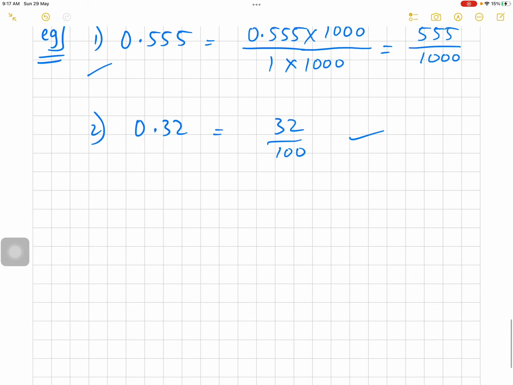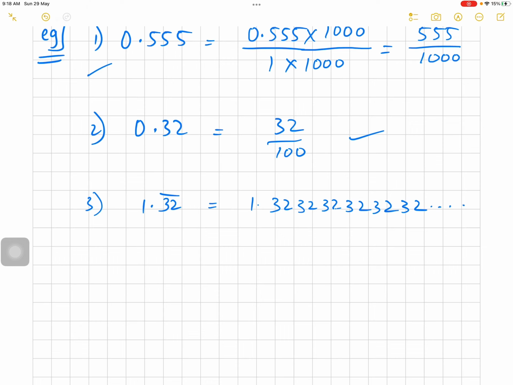Now let us take one more example. 1.32 recurring. When I say 1.32 recurring, I mean it is 1.323232323232. Correct? It's never ending, but it is recurring. 32 is recurring.